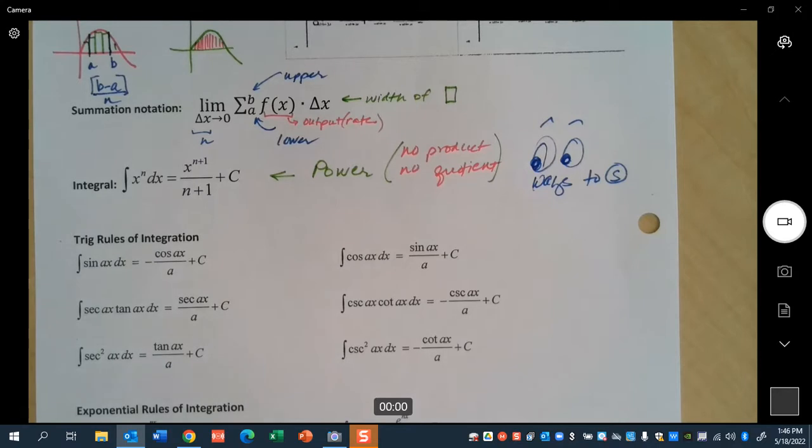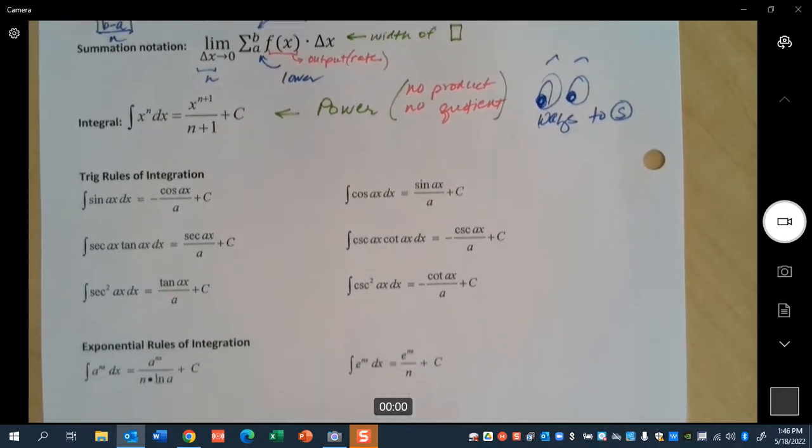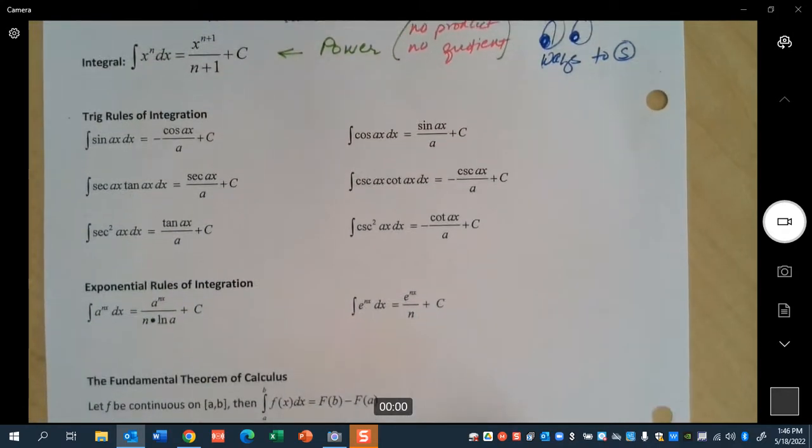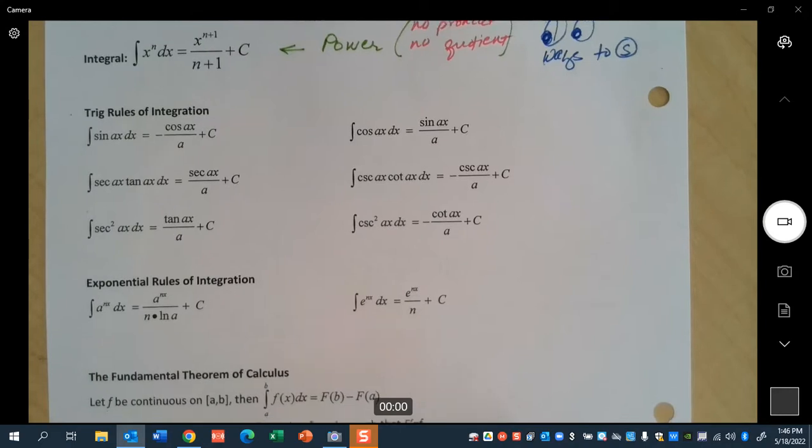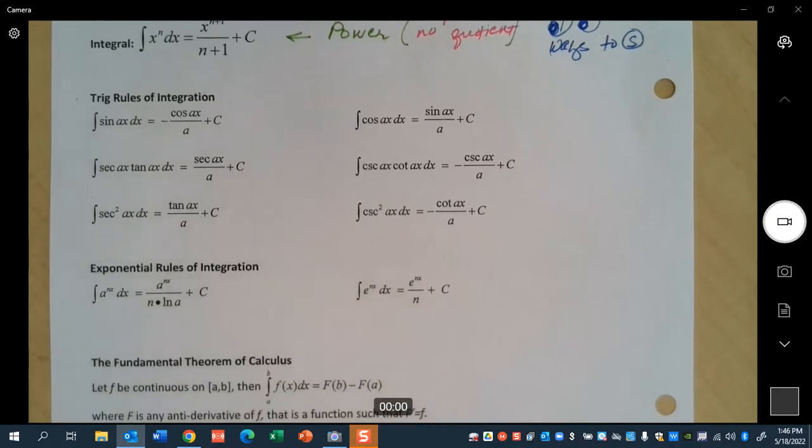All right, so your trig rules and your exponent rules read backwards from your derivative rules. So they're there for you to use as a reference when you are taking your final.